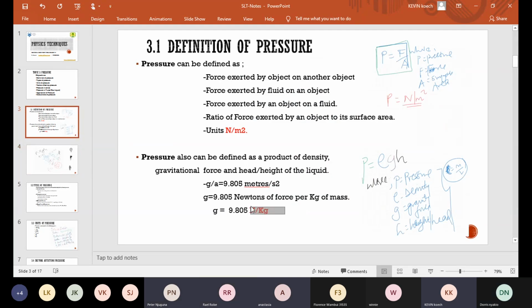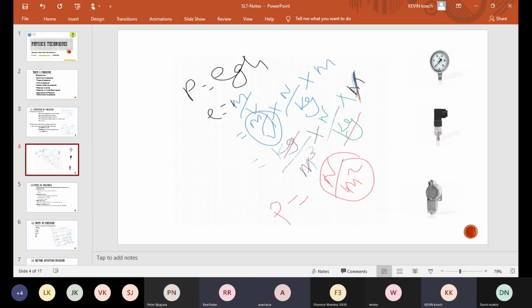Its units are Newton per kg. Okay, so Peter Njuguna, you may volunteer also to tell us the units of pressure when using rho GH. Density multiplied by gravitational force multiplied by height.